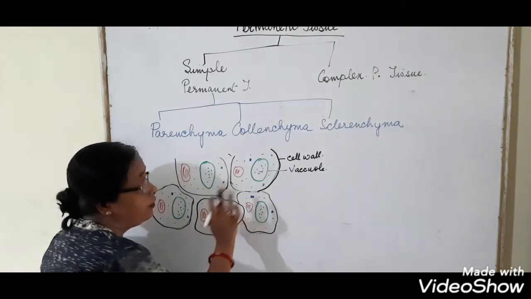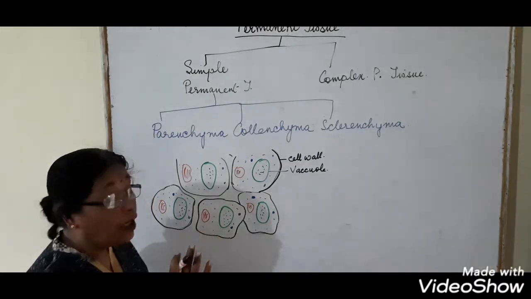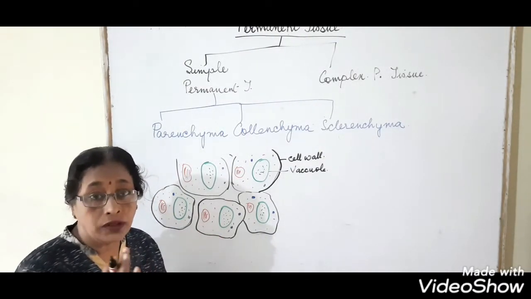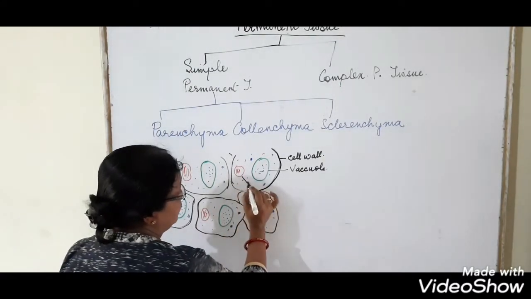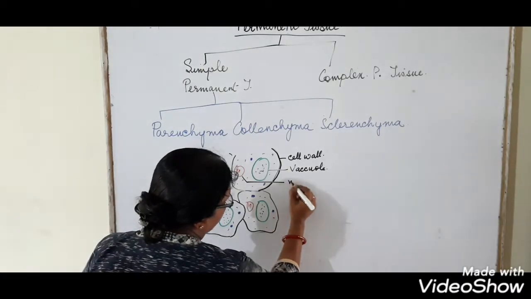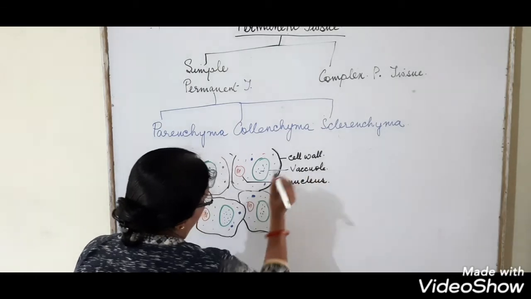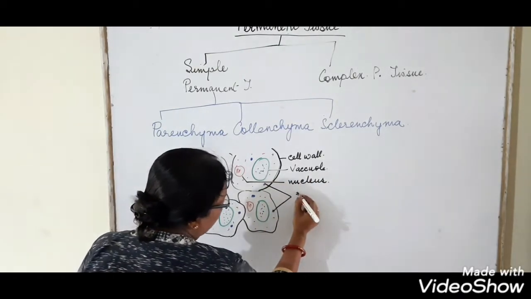And a peripheral nucleus. The cytoplasm is present, and at the periphery, that is at the boundary or margin of the cell wall, the nucleus is placed. This is the nucleus. These are the chloroplast.